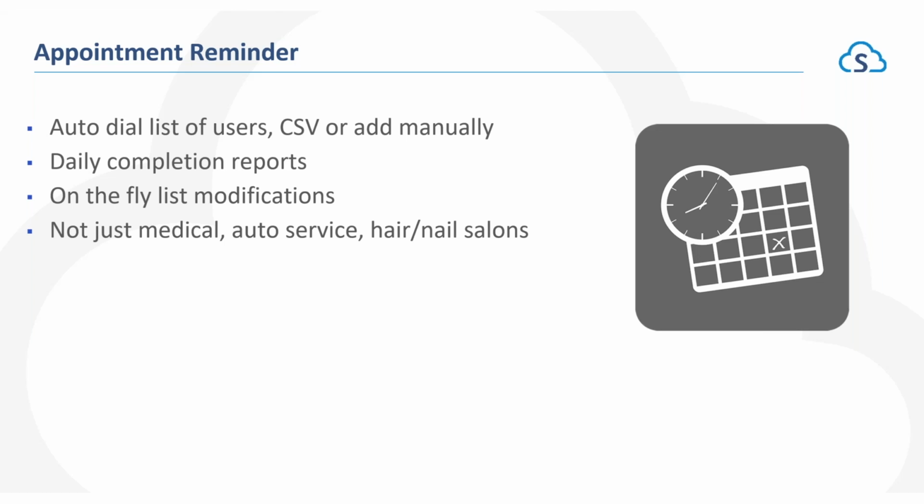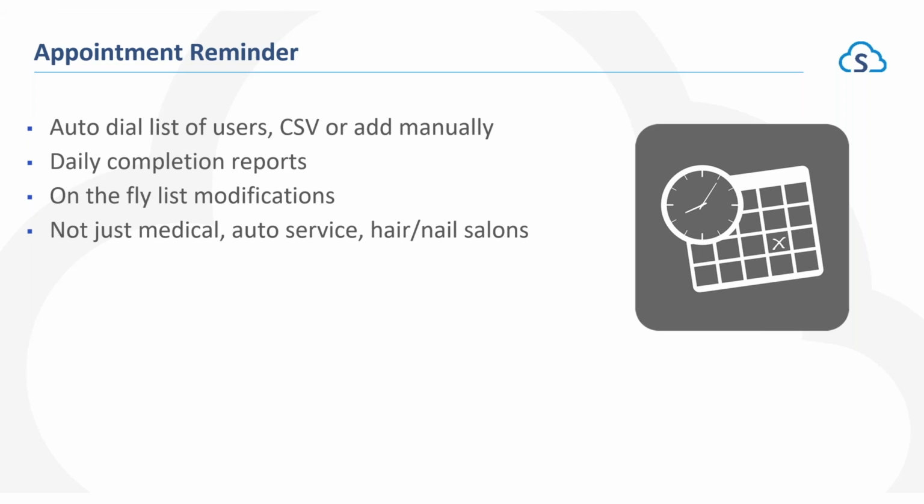Appointment Reminder. This is an auto dial list that reminds people that they have appointments. This is not only for medical organizations like doctors or GPs, but can also be for auto service or beauty and hair salons. Every business that has an appointment book can benefit from this module.